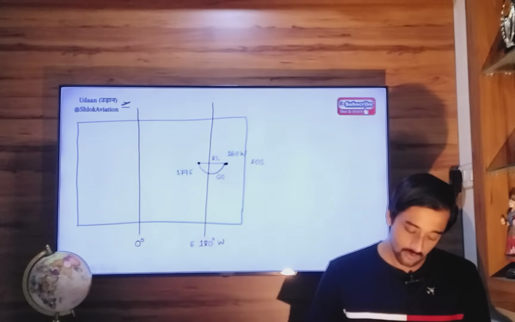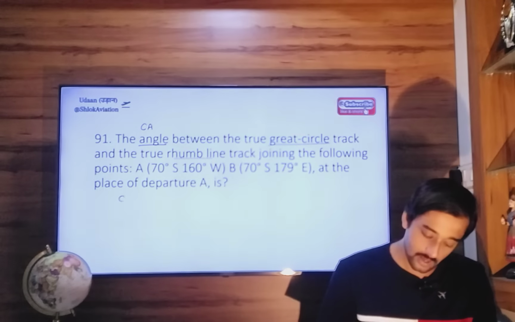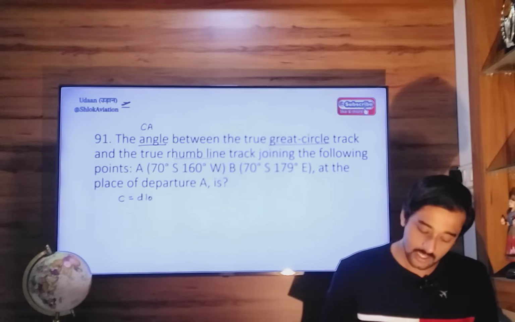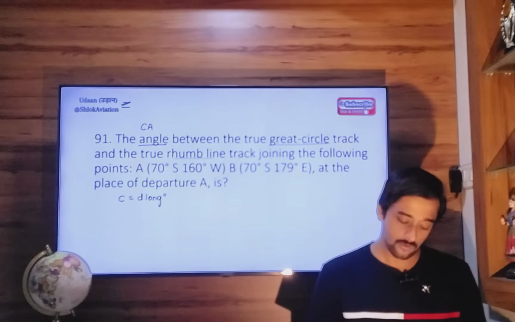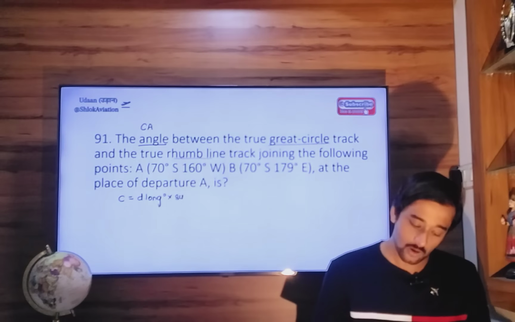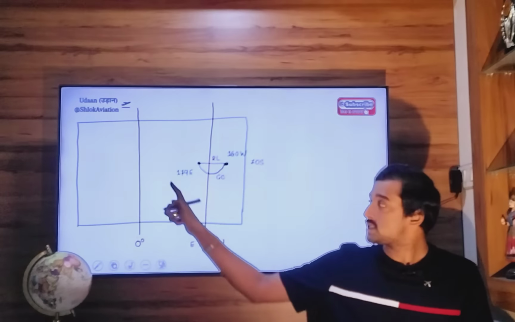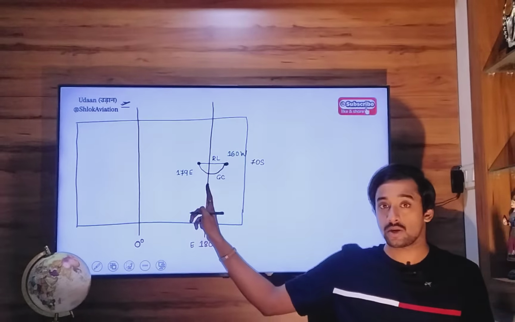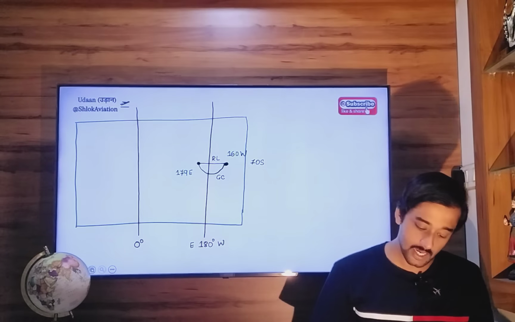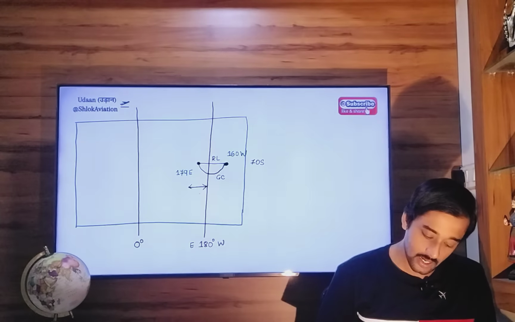Now we have to find convergency angle. Let's use the convergency formula: D long in degrees into sine of latitude. So 160 west and 179 east. Now pay attention. The difference between 179 east and 180 east is 1 degree.